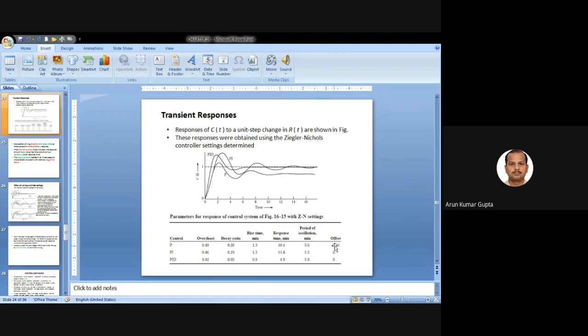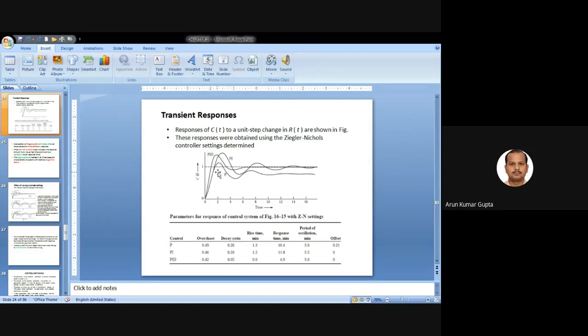So the first thing you can see is that only the proportional controller is showing some offset, otherwise the rest is 0. That is true. And for overshoot, proportional is showing much more overshoot, but PI and PID overshoots are lower.